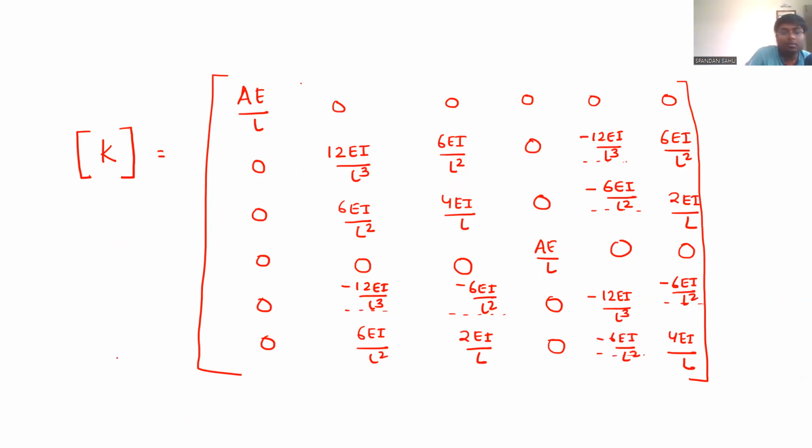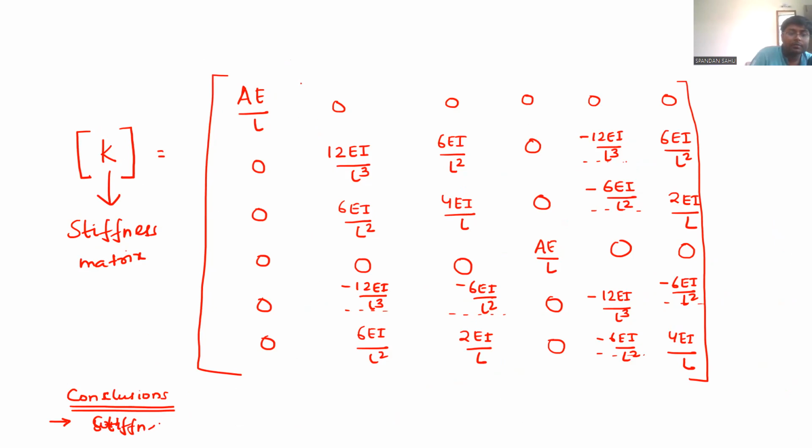So what are the major conclusions we can make? This stiffness matrix will always be square and symmetric.